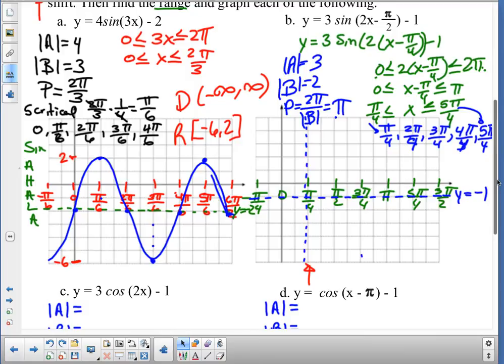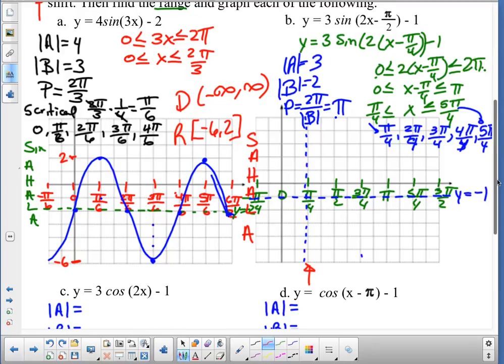Okay. So now I'm going to get a red marker and put this in. At pi over 4, since it's sine, it's axis, high, axis, low, axis. Keep in mind that's a short memory thing to help me with that.